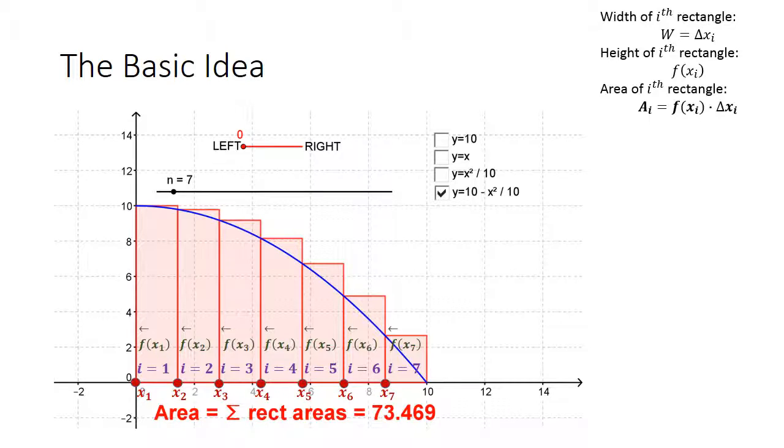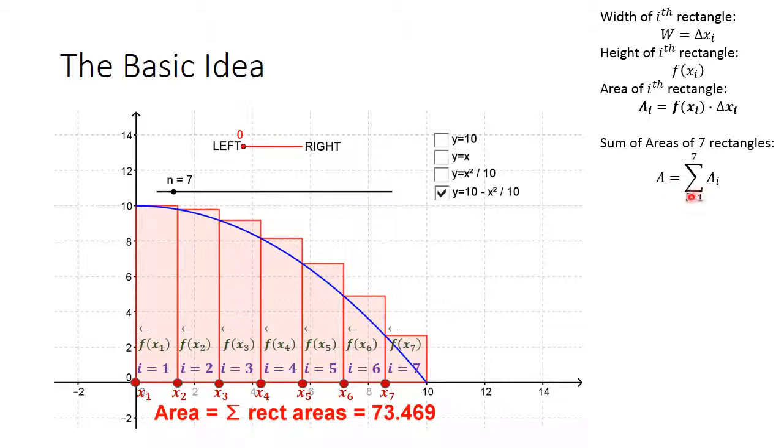In order to get the total area of the 7 rectangles, we're going to add all 7 areas together. We're going to use sigma notation like this. Now to review, sigma notation says, using this symbol here, sigma, that we're going to be adding some number of terms. Each of these terms is going to be an area in this case.